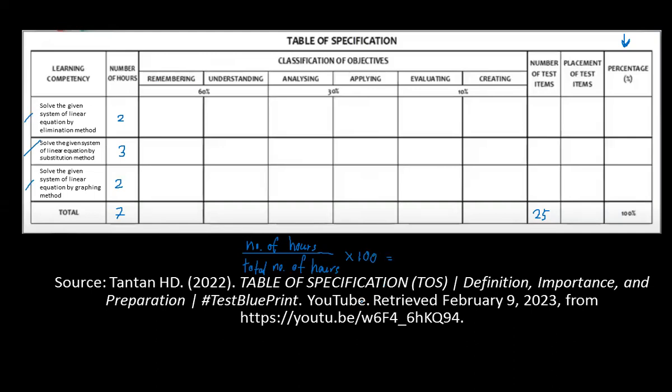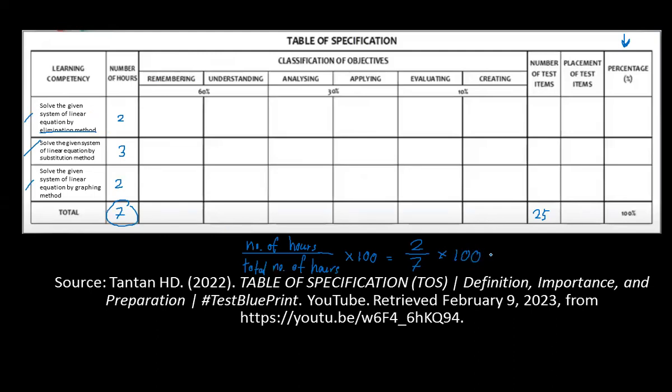Okay? There we go. So, let's just say, in our first learning competency, which is about the elimination method, we have a total of 2 hours. That is the number of hours for our first learning competency. Then, we divide by 7 because that is the total number of hours we have here. Then, we multiply by 100.